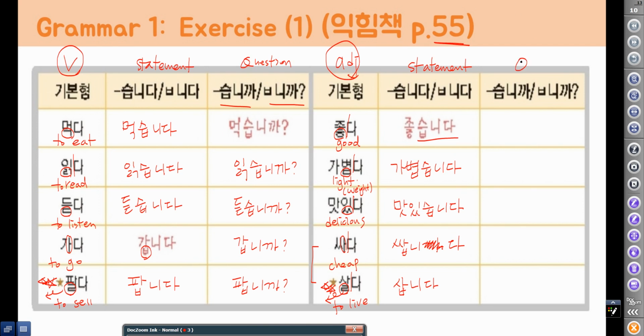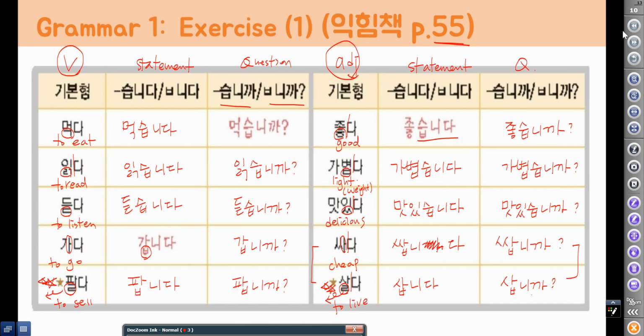Okay, and the question. 좋다. 좋습니까? 가볍다. 가볍습니까? 맛있다. 맛있습니까? 싸다. 비읍 니까. 쌉니까? And then 살다. 삽니까? 쌉니까? 삽니까? Okay, be careful with the pronunciation.